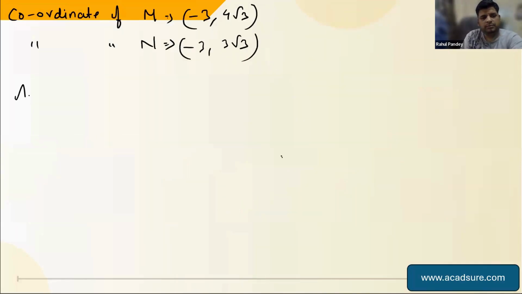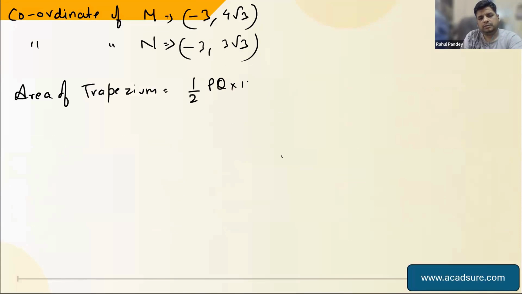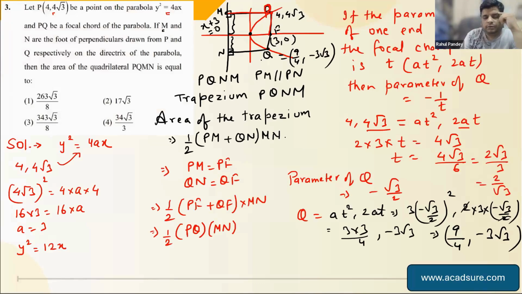The area of the trapezium is half times PQ into MN. Now, PQ is the length of the focal chord.